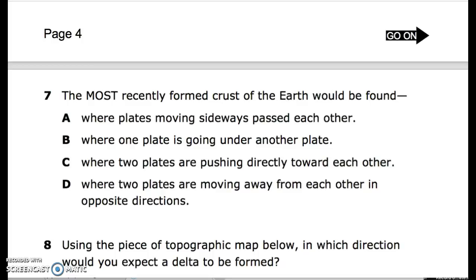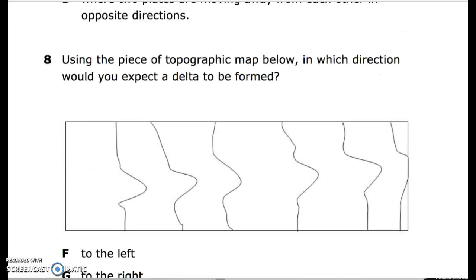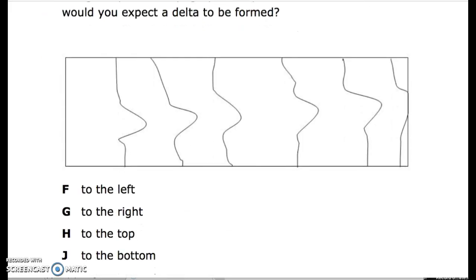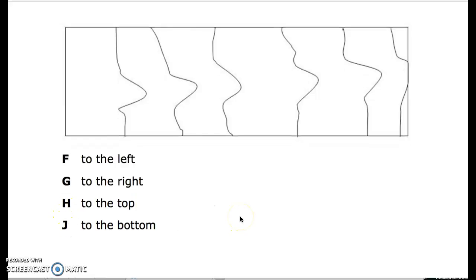Number 8. Using the piece of topographic map below, in which direction would you expect a delta to be formed? We'll move on down. We're looking for the delta. F to the left, G to the right, H to the top, J to the bottom.